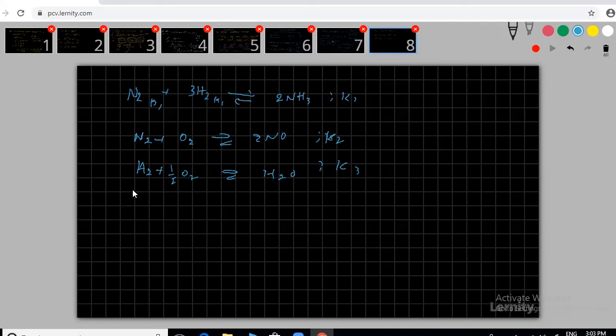The equilibrium constant for the reaction, can you derive that one? The equilibrium constant for the reaction will be, which we have to add, which we have to inverse. This is K1.